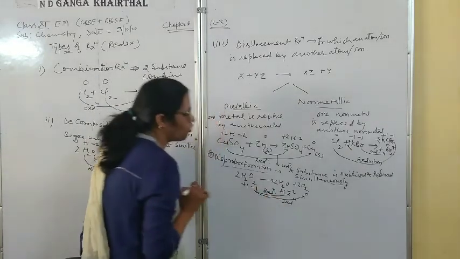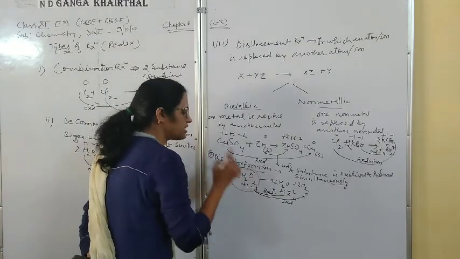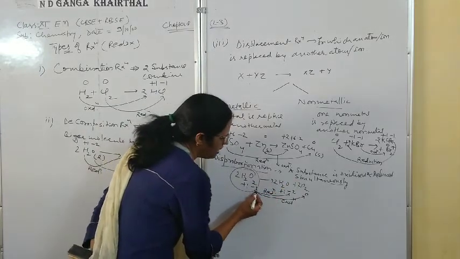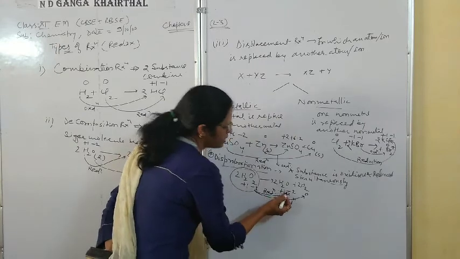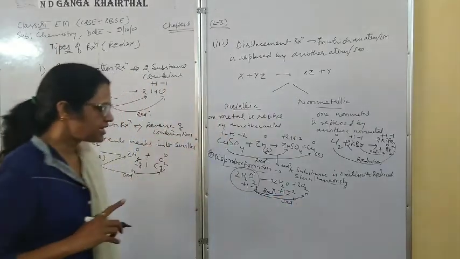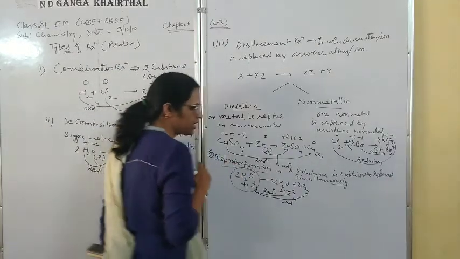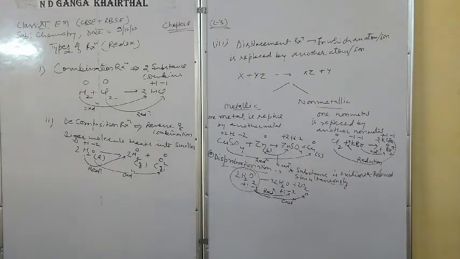So this peroxide, a single substance, is oxidizing and reducing. If a substance is oxidized and reduced simultaneously in the same reaction, we can say that disproportionation is going on. Clear?